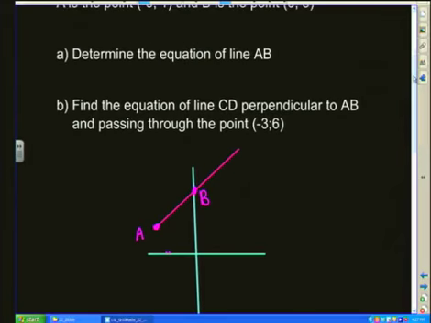Now remember, whenever you're looking for the equation of the line, you need 2 things. You need your gradient, and you need a set of points. So you need some coordinates.